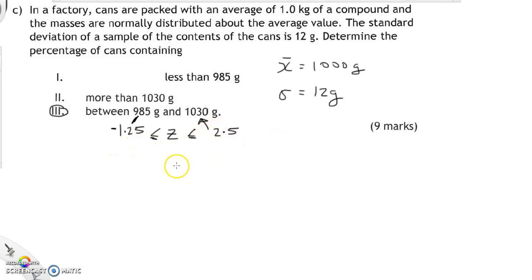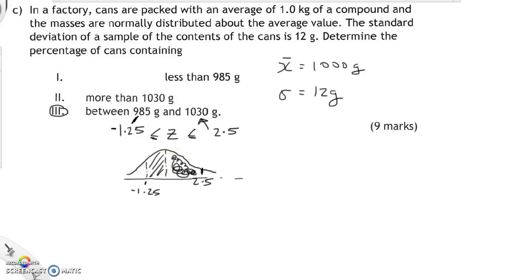Right, so our wee curve will look something like this. It's very poor, but anyway, you get the idea. 2.5 is out here, and minus 1.25 won't be quite as far back, it'll be somewhere here. So we're looking to get the area between these two limits, which is this area here added to this area in here.